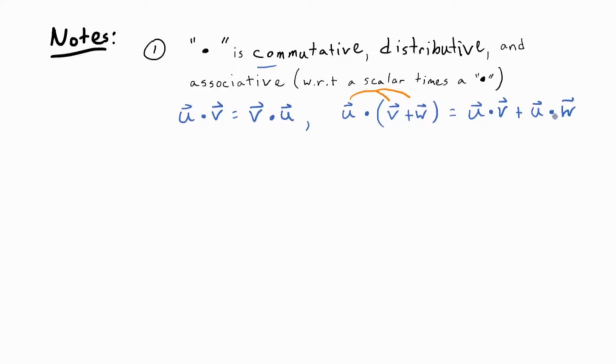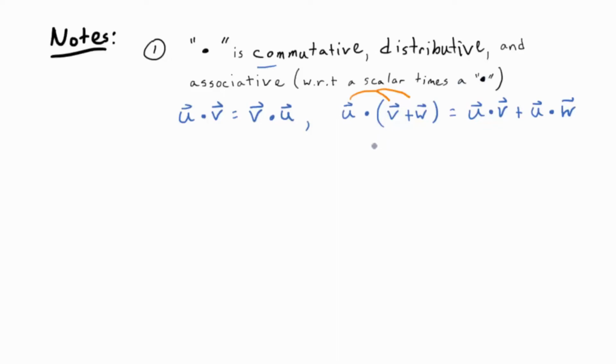That's distributive, right? And then associative. What do I mean by that? So I said I had to give a little bit of instruction here with respect to a scalar times a dot product.